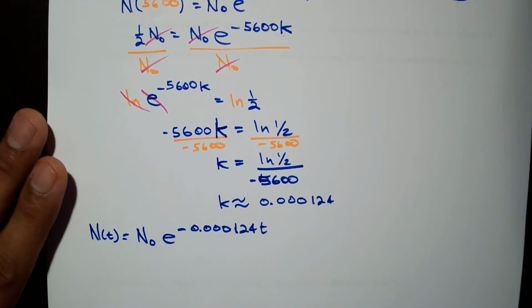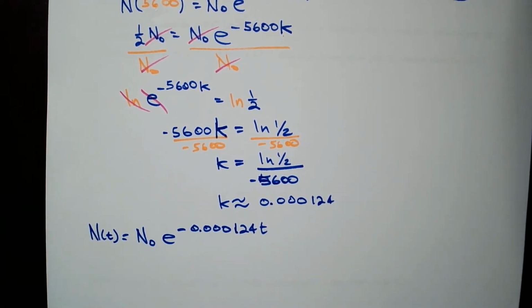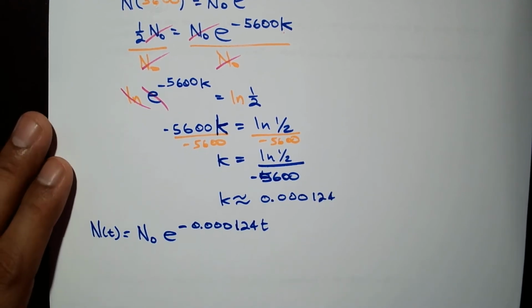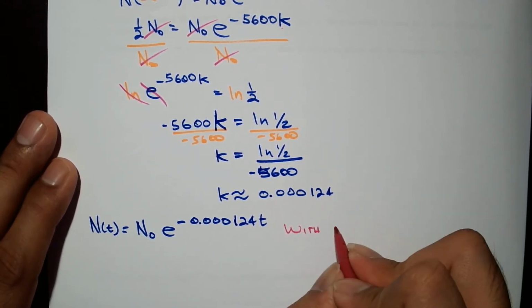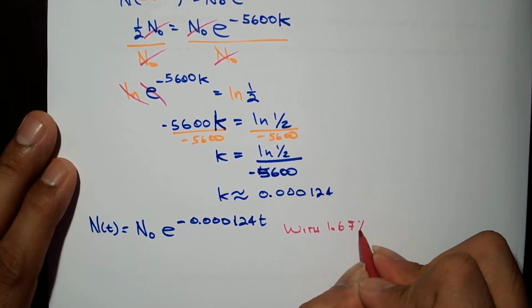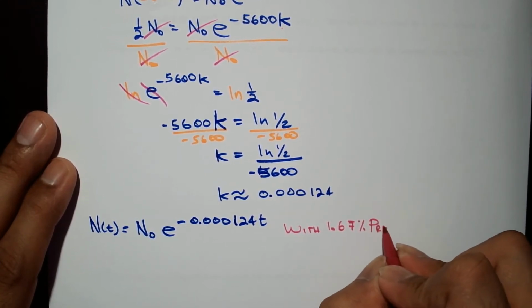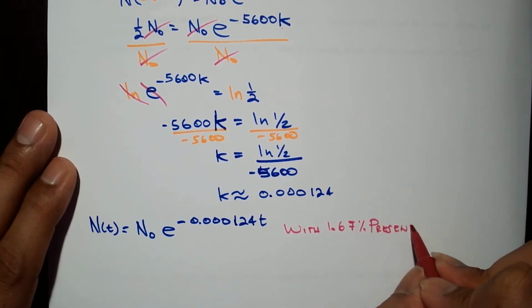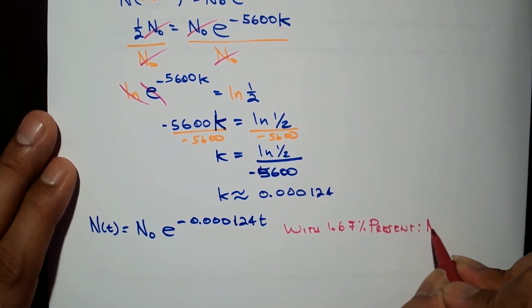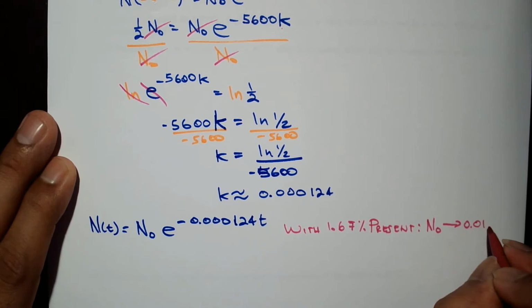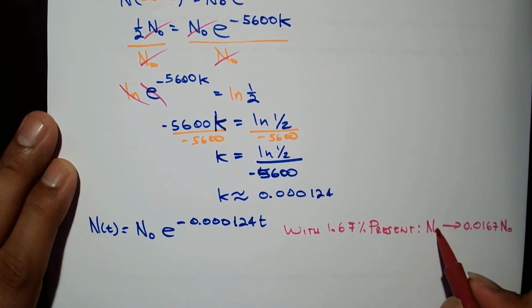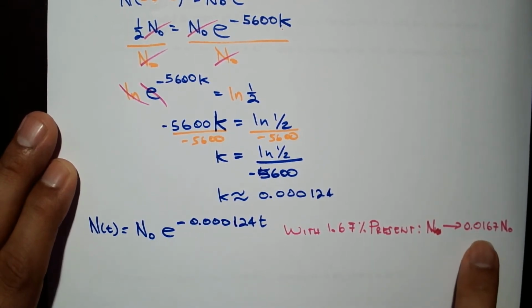That means that with 1.67% present, N initial has become 0.0167 of its initial. Well, now then the amount N that we have is 0.0167.